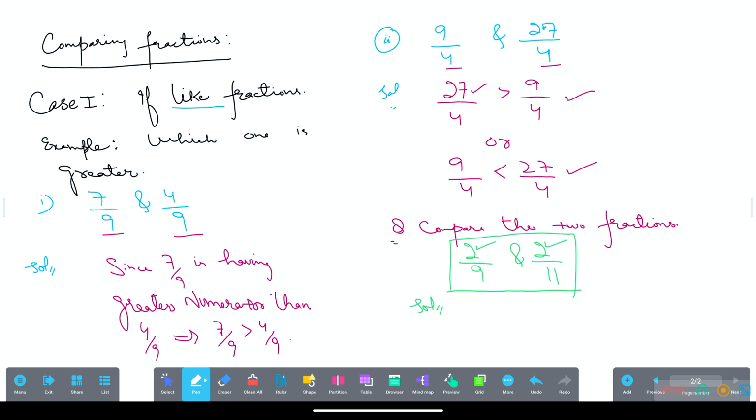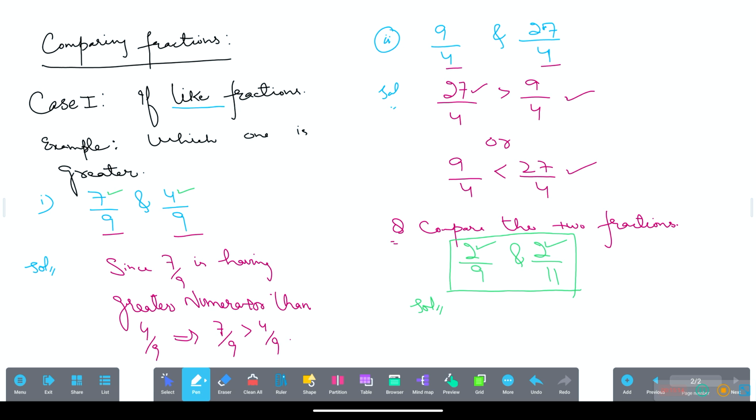Whenever two unlike fractions have the same numerator, in the above two examples we kept the denominators the same. Now I am keeping the numerators the same, but they are still unlike. Now, how will I say which one is greater? In the above two examples, when comparing numerators, the fraction having the greater numerator is greater.